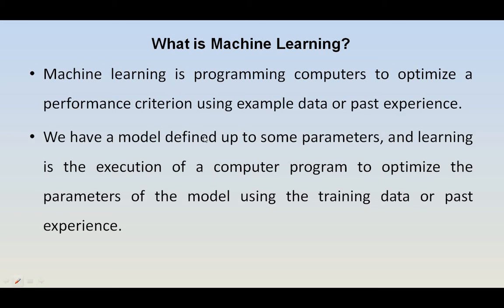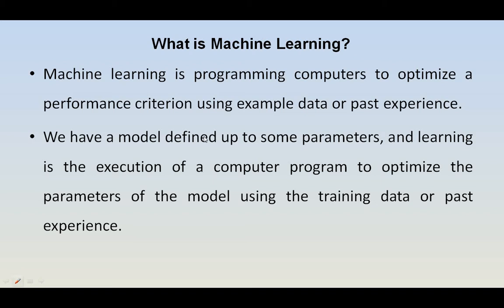Coming to the second one, the model is defined and it can have some set of parameters. The model uses these parameters along with the training data and the past experiences. Learning is the execution of a computer program to optimize these parameters of the model using the training data or past experiences. So what is learning actually? It is the execution of a computer program to optimize the set of predefined parameters of the model using the past data as well as the past experiences.